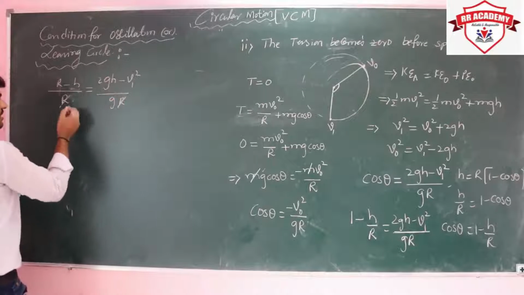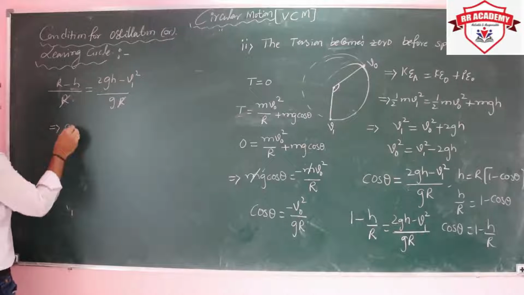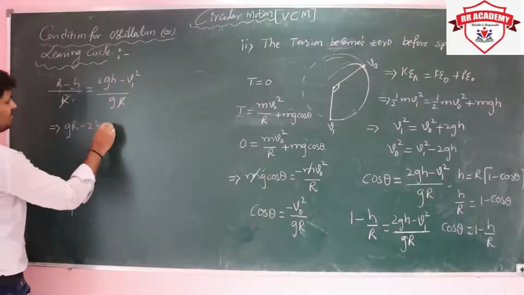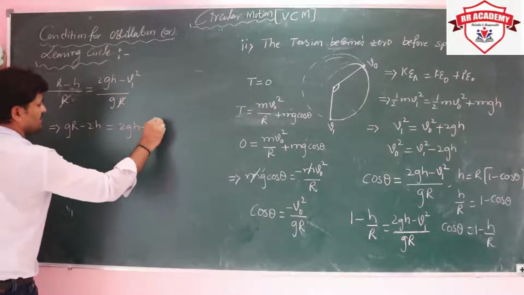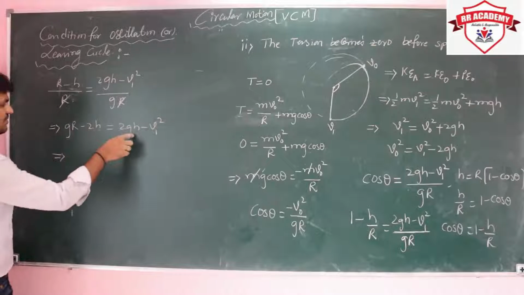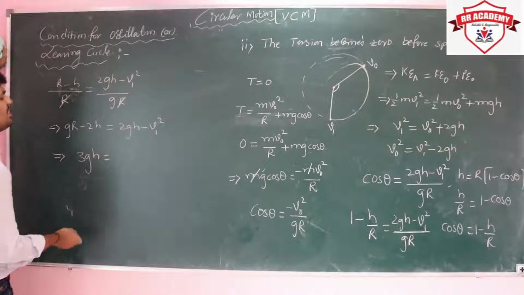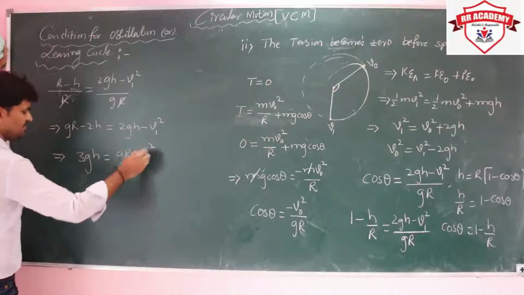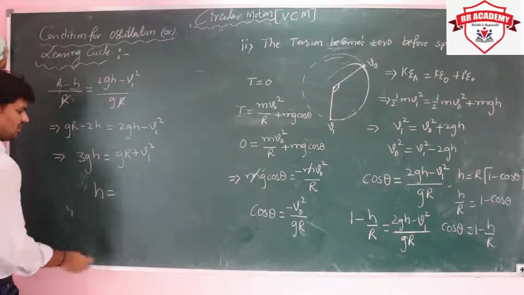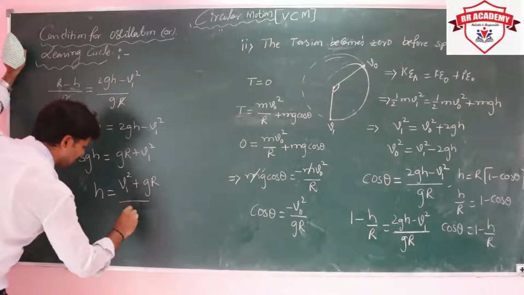The r's are cancelled, then g we send here. That becomes gr minus gh is equal to 2gh minus v1 square. So 3gh is equal to gr plus v1 square. Then h is equal to v1 square plus gr upon 3g.